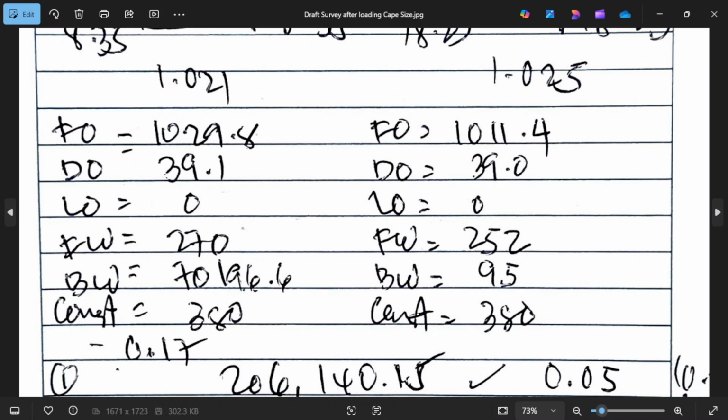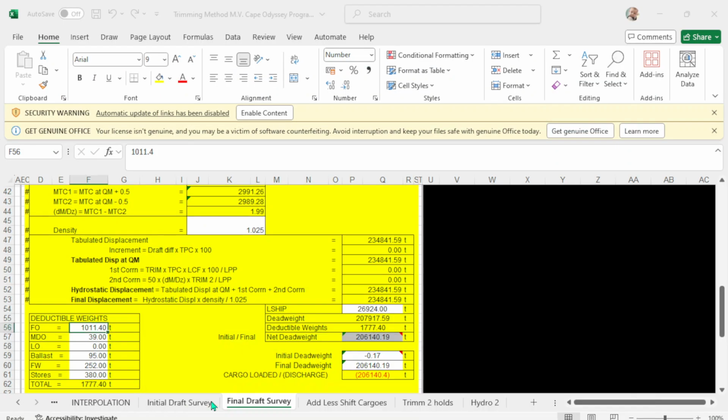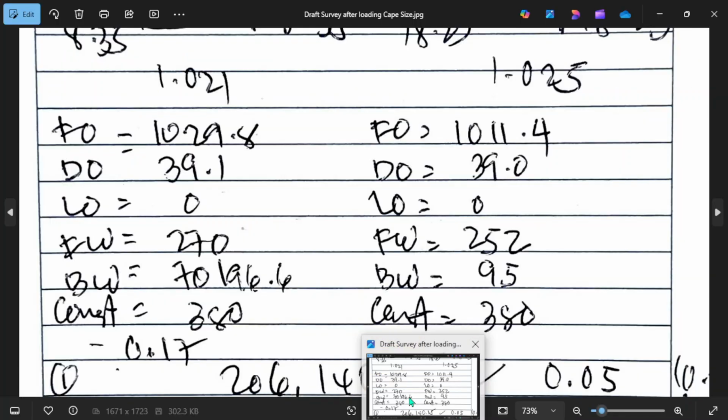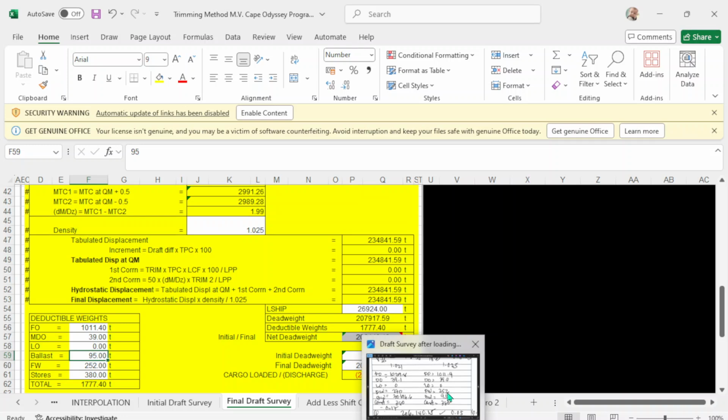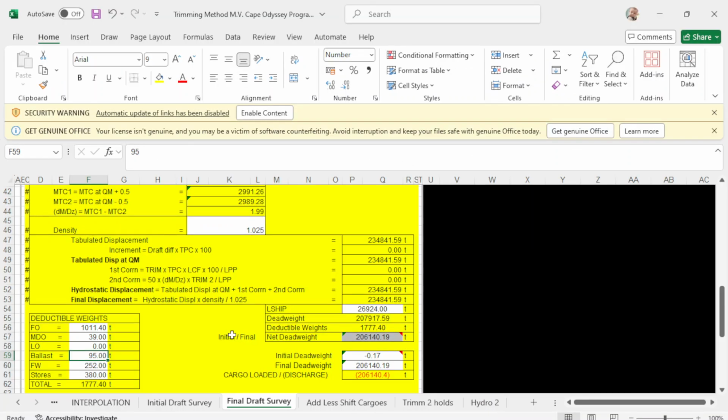10.11.4. DO is 39. And your ballast should be 95. Okay, 95.